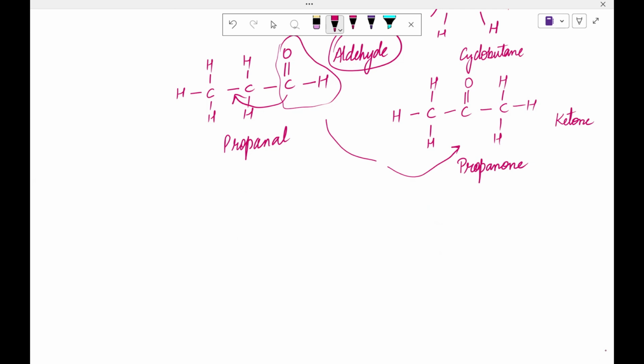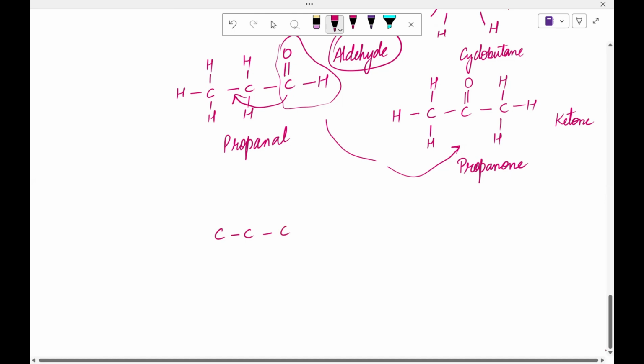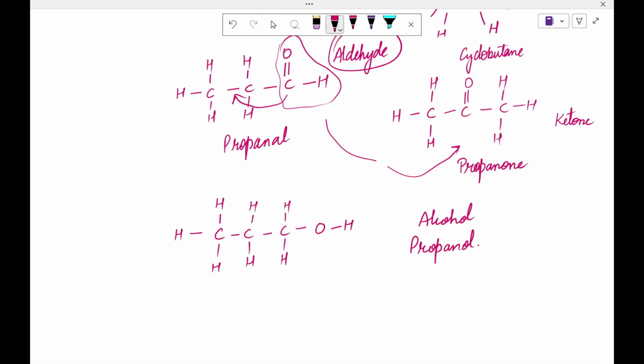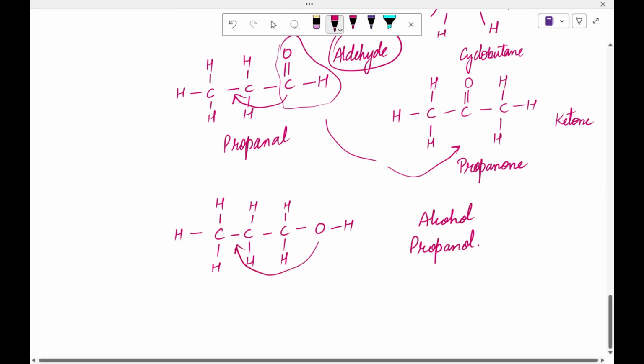Now let's move further and see some more examples of functional group isomers. So this is basically an alcohol, and we know it is propanol. Now I'm going to move this oxygen from here to this place, and let's see what is going to happen.